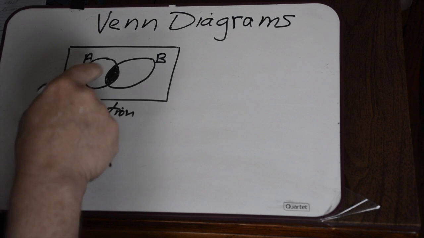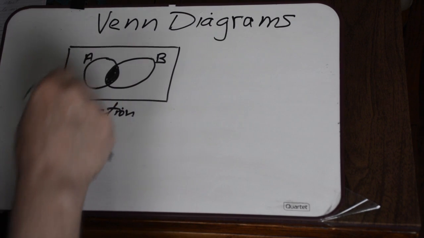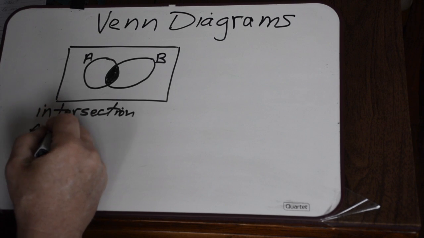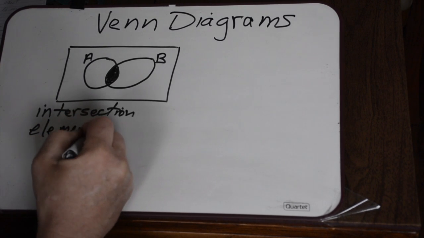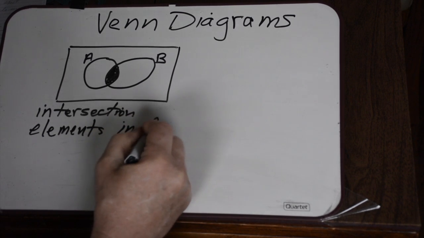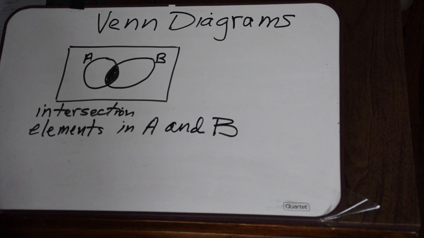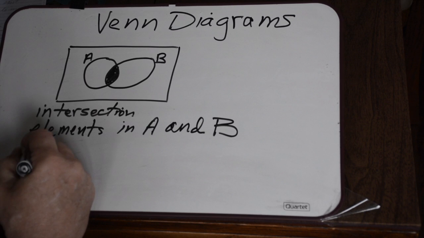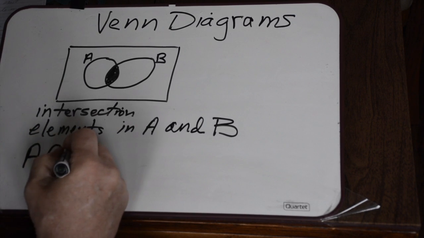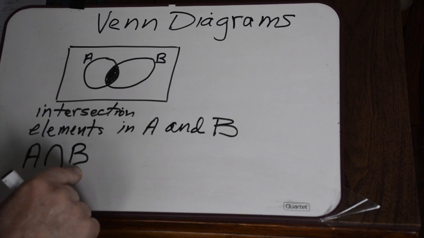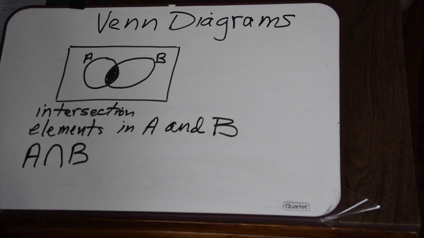So you have that area of intersection or overlap, and that represents the elements in A and B. Those are the elements in both A and B, and it's written as A intersect B, an upside down U. That's shown over there, and that's the intersection of the two sets.